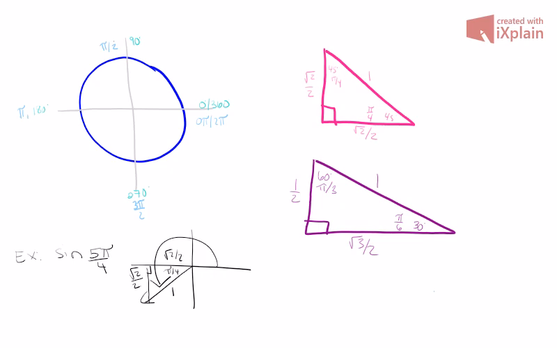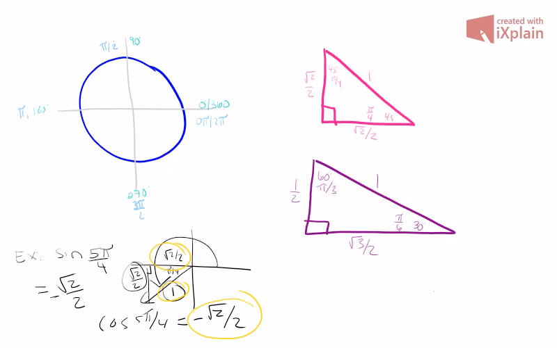So if I'm looking for sine, that's my opposite over hypotenuse. So that's going to be root 2 over 2, but since I'm going down, it needs to be negative. So my y values in quadrant 3 are negative. If I had asked you for cosine of 5 pi over 4, that would equal negative root 2 over 2 as well, because here I'm talking about my adjacent over hypotenuse.